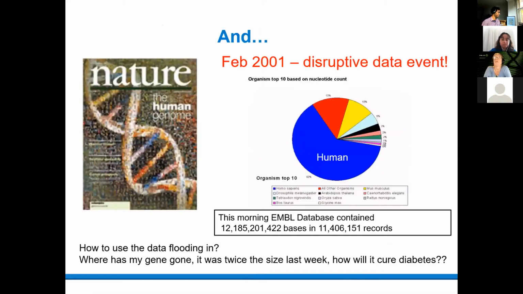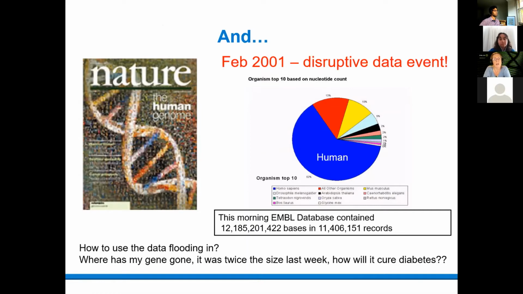And then we have a disruptive data event. This was the arrival of the draft human genome in the public databases, and of course the seminal Nature and Science publications of the human genome. And I just want to draw your attention to the pie chart for a second.